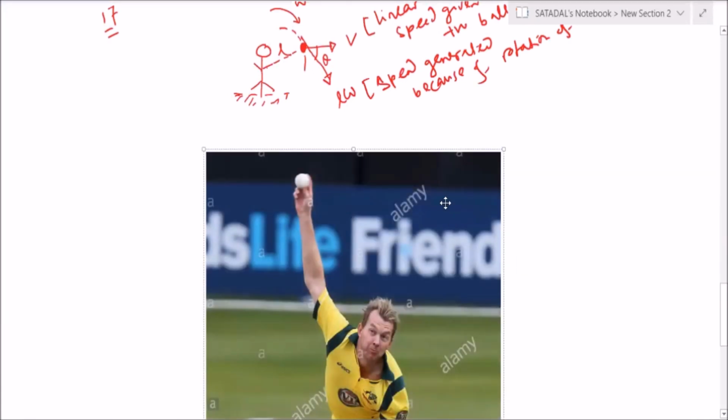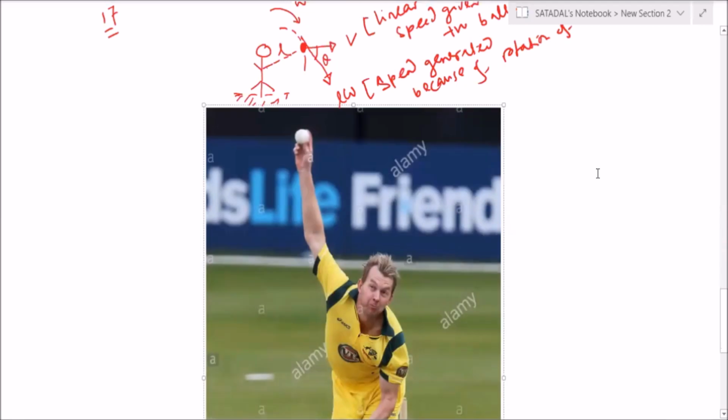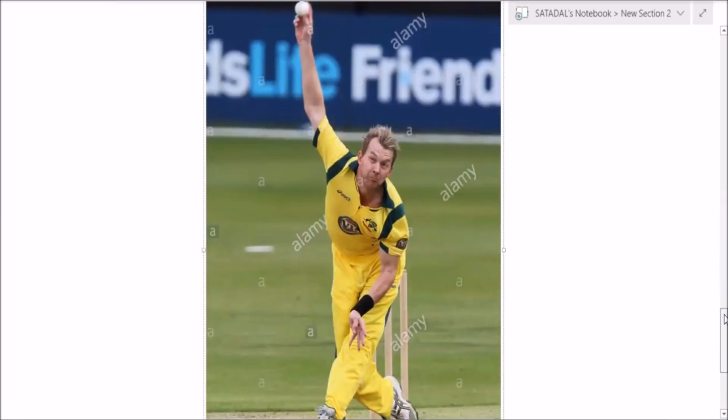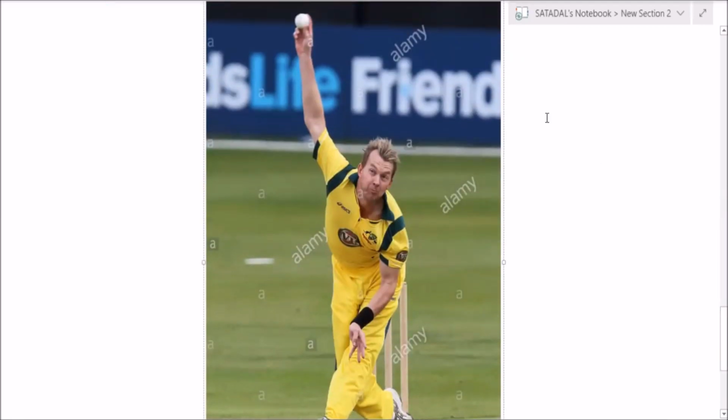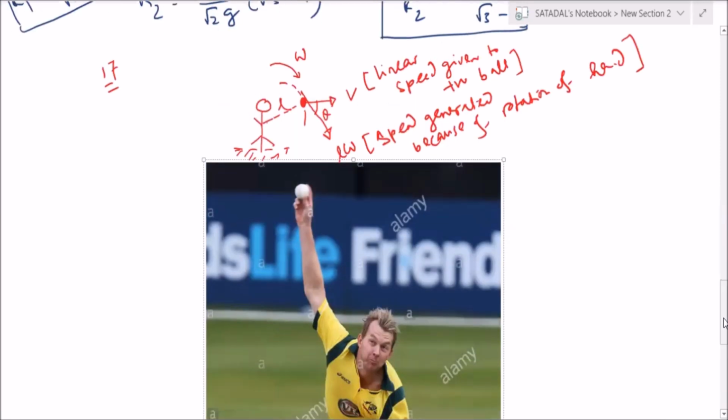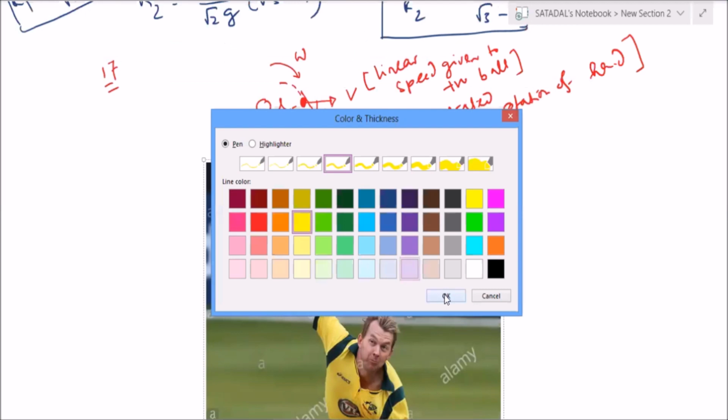Here is the guy, my all-time favorite. I think this picture will give you clarity. I'm talking about two velocities here: the velocity generated because of the linear speed, and the angular speed as well.